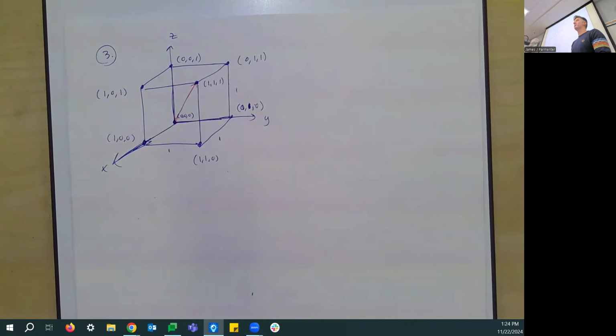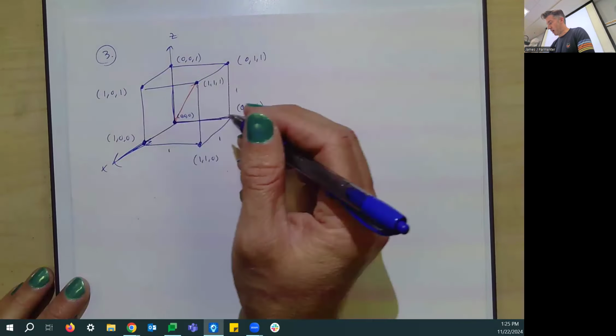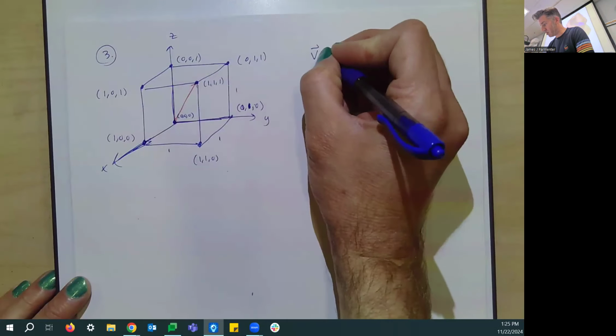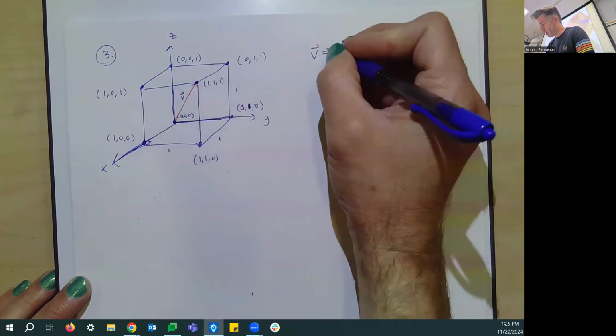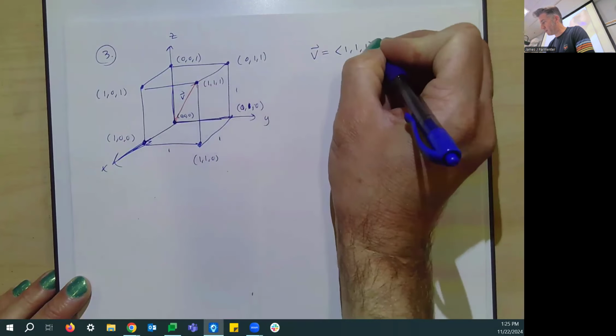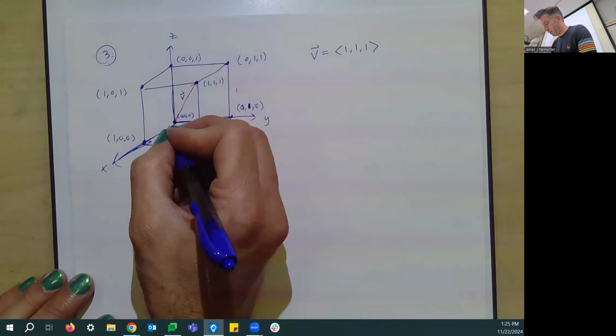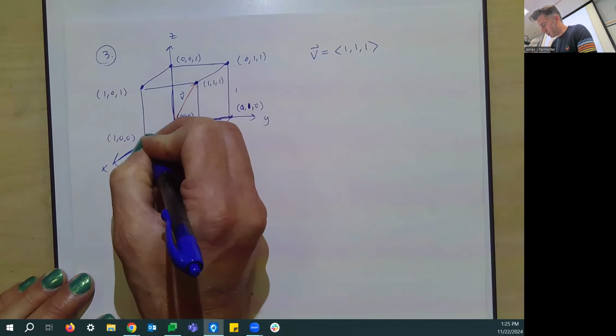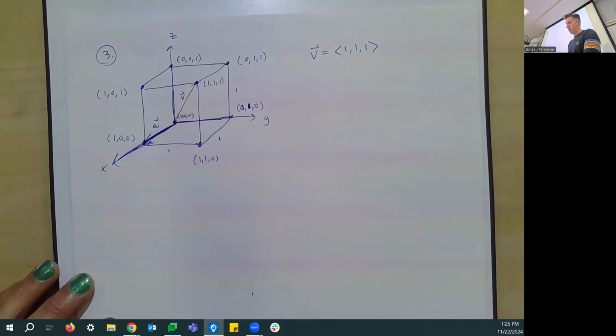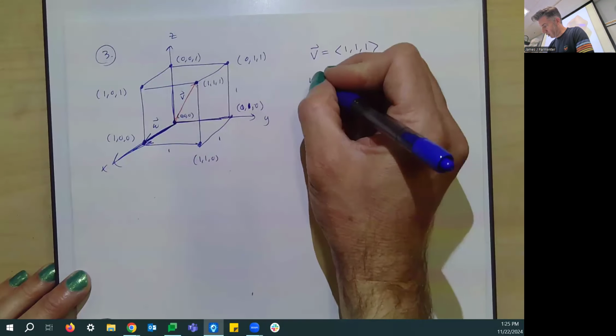So the idea here is to write the things you want to find the angles between as vectors. So this diagonal of the cube, I'm going to think of as the vector, call it V, 1, 1, 1. And pick whichever edge you like. I'm going to pick that one there. Let's call it W. That vector is the vector 1, 0, 0.